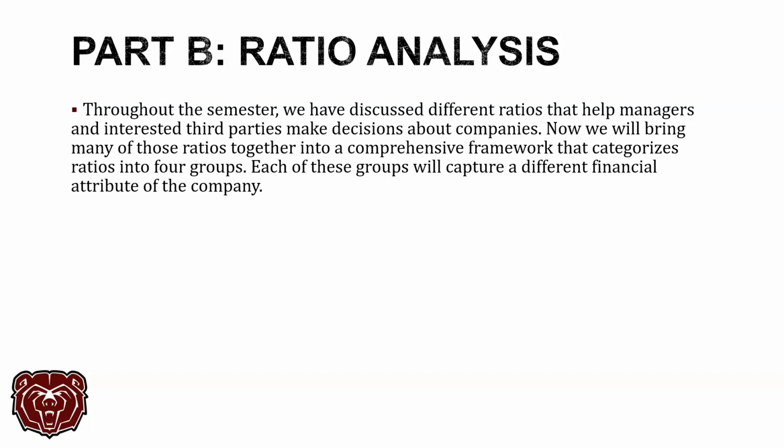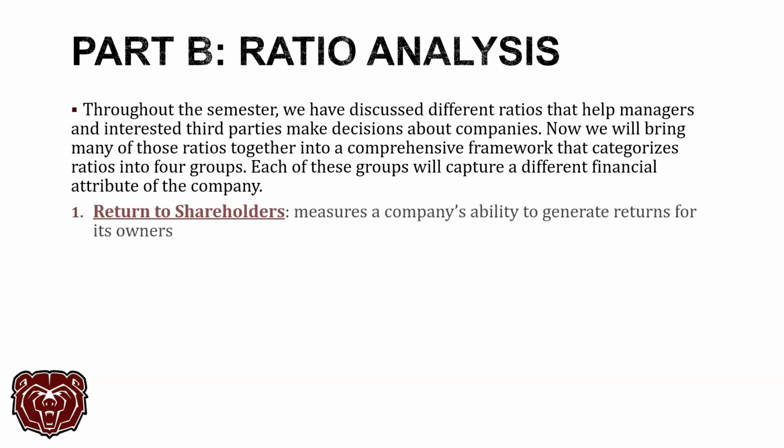But we need to categorize those into 4 different groups. And once we do that, we'll be able to talk about different attributes of the company from a financial perspective. So the first group is our return to shareholders ratios. This basically just measures the company's ability to generate returns to their owners.